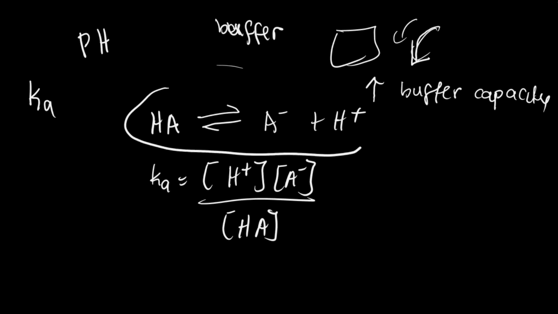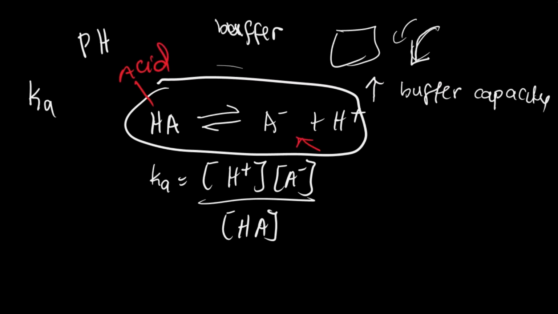Now notice that this is a buffer system, because we have here an acid and we also have the conjugate base. So the Henderson-Hasselbalch equation helps us to calculate the pH of buffers.